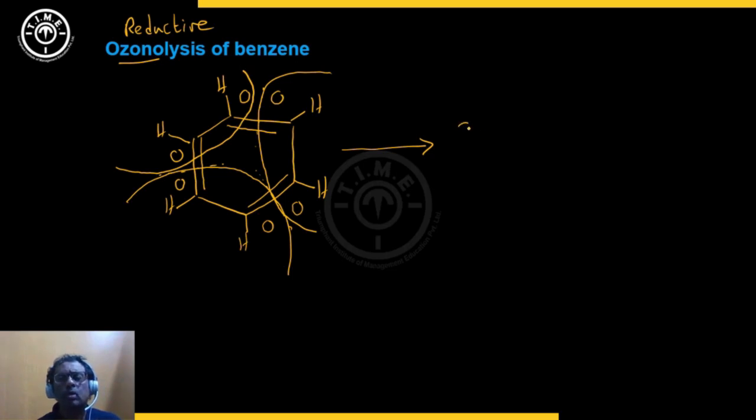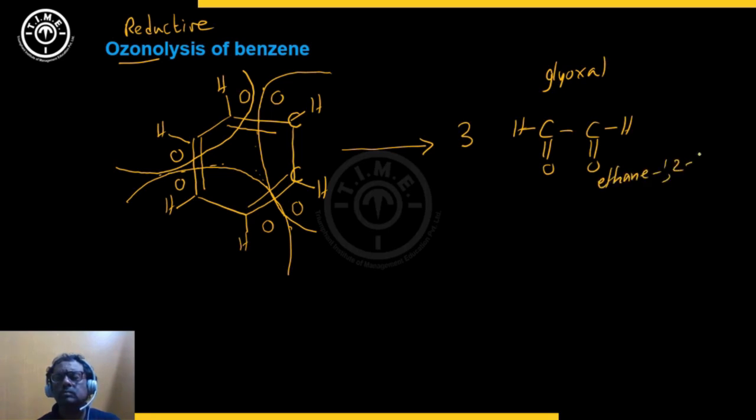So you get 3 moles of C double bond O, C double bond O with the hydrogen and hydrogen. Correct? So H, C double bond O, C double bond O and H. This is nothing but glyoxal, common name. This is ethane-1,2-dial, commonly called glyoxal.